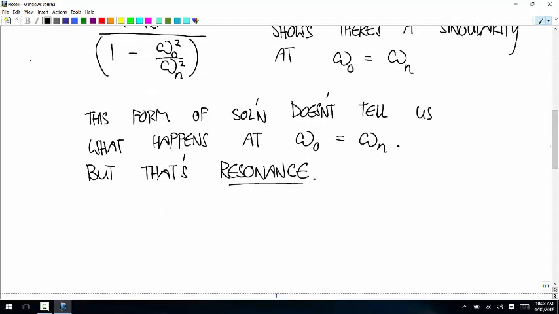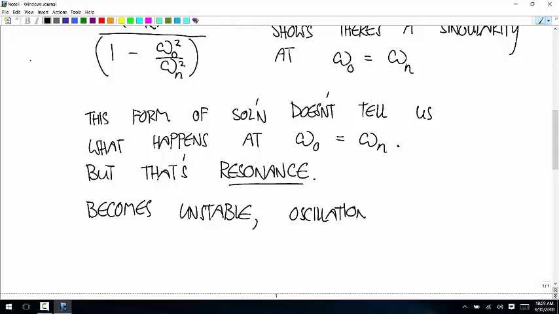Those two have the same frequency. The oscillations get bigger over time, and you have a situation that's unstable. So it becomes unstable, and the oscillations get bigger over time.